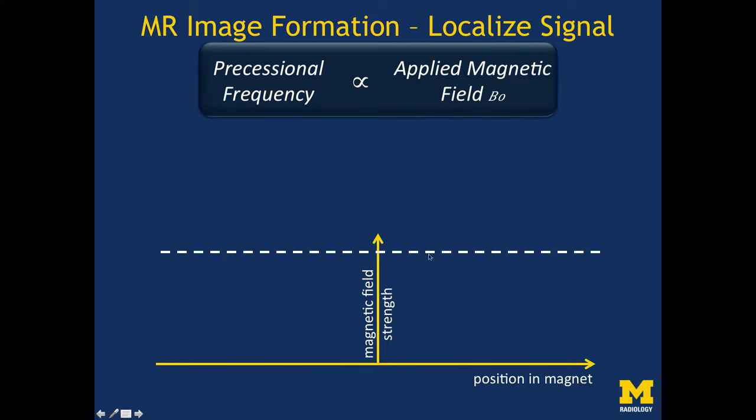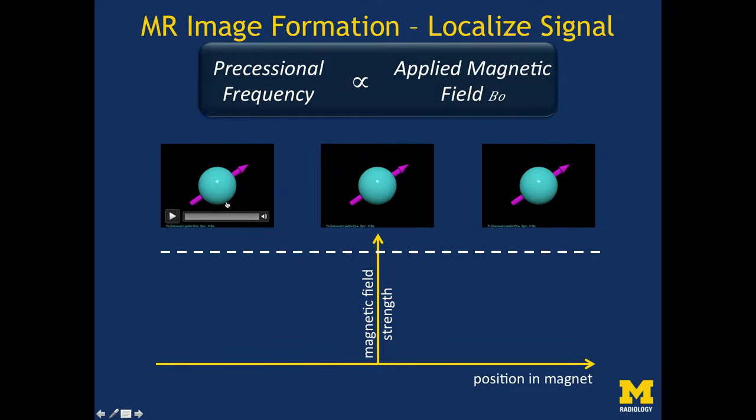So it's the uniform magnetic field as a function of location in the magnet that we spend a lot of engineering and effort and dollars to make that uniform. What that means is the precessional frequencies of the spins is uniform in the magnet. At least we hope it's as uniform as it can be.